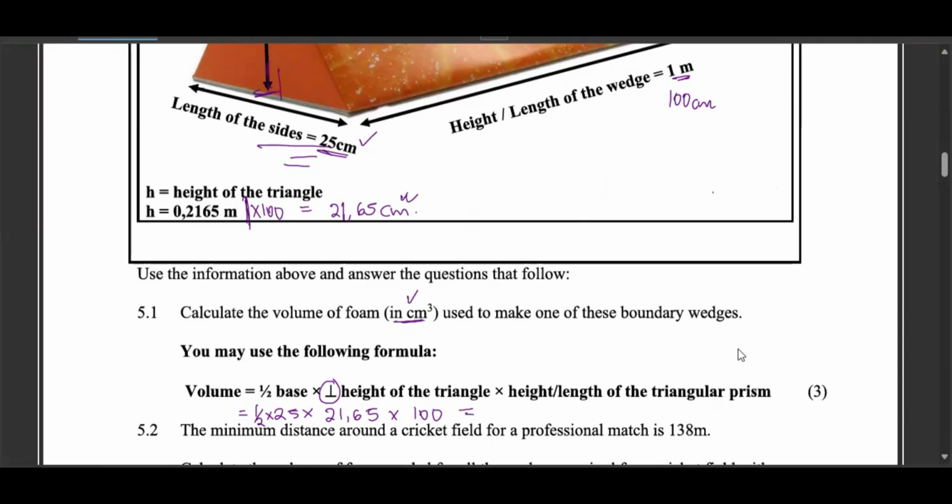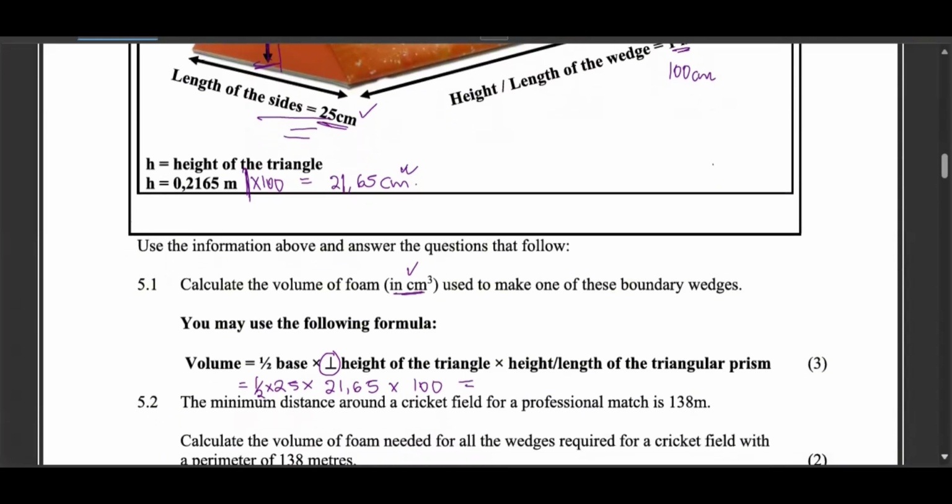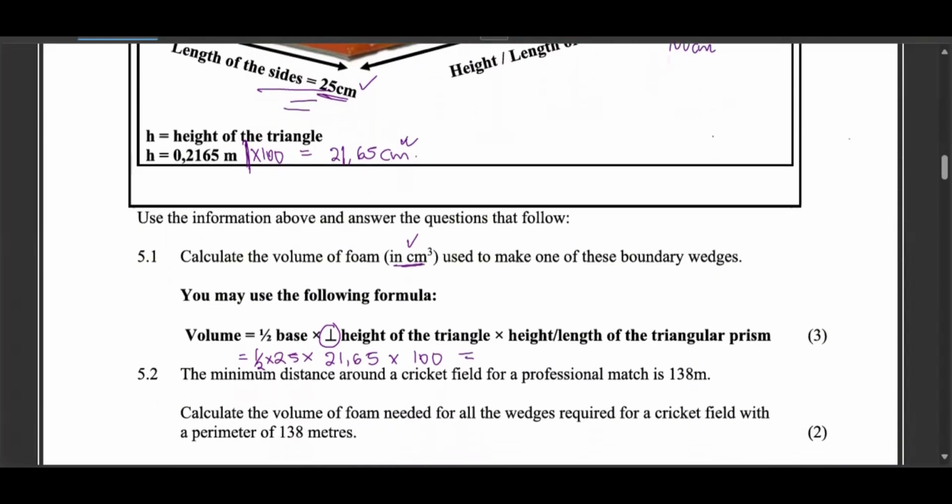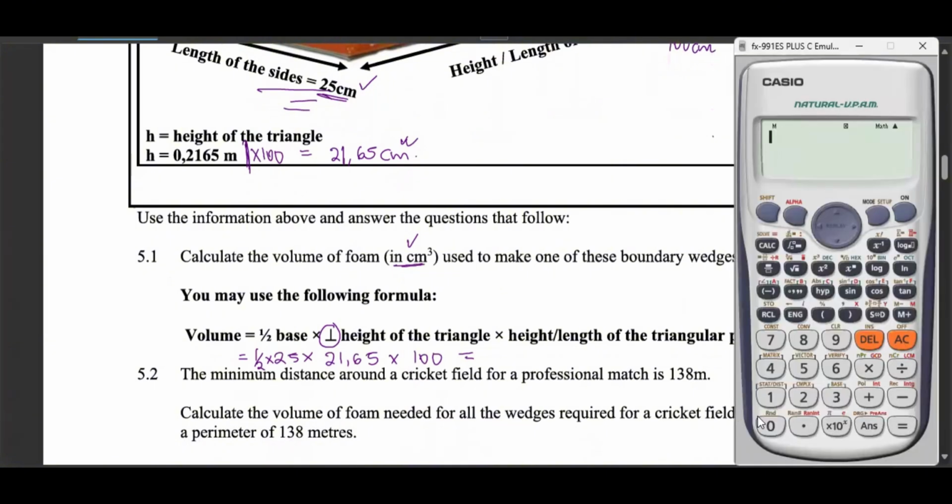So what happens? Come and substitute in the formula here, and you look for the answer. We've already substituted. Now at this moment, you pick your calculator and you feed in the equation the way it is. The equation starts with a half. A half is the same as 0.5.